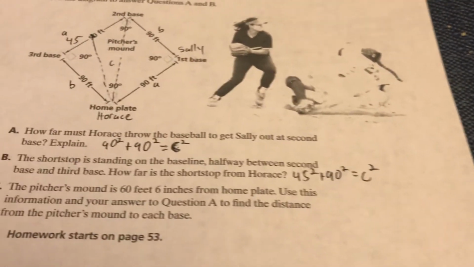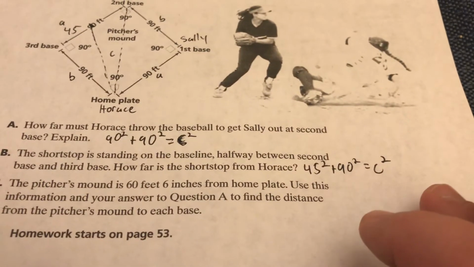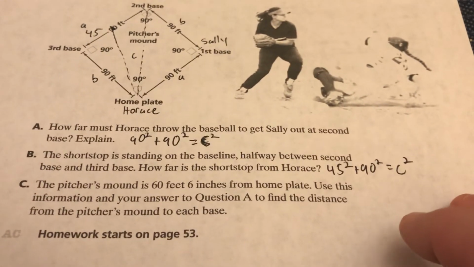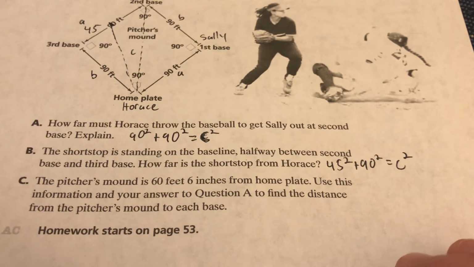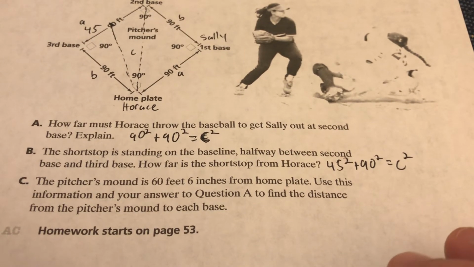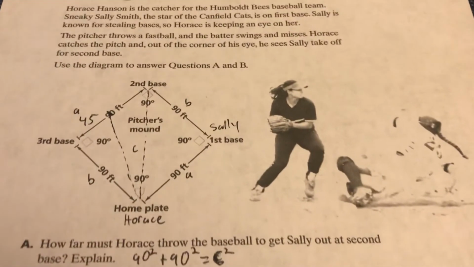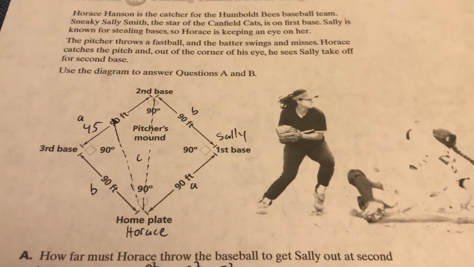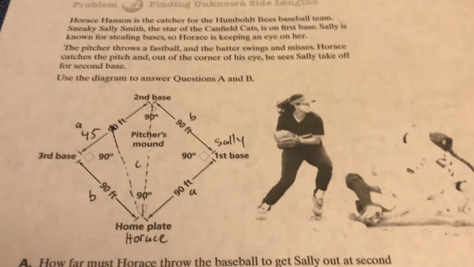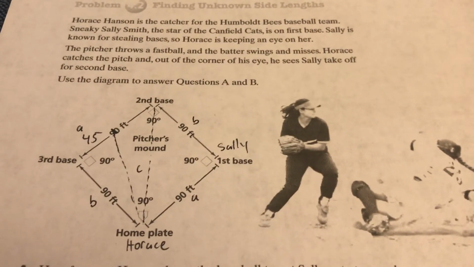Okay, and then the last question says the pitcher's mound is 60 feet and 6 inches from home plate. Use this information and your answer to question A to find the distance from the pitcher's mound to each base. So the pitcher is going to be 60 feet and 6 inches. That's also 60 and a half feet.